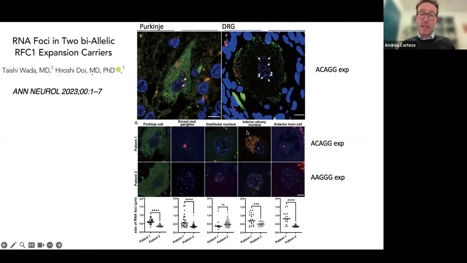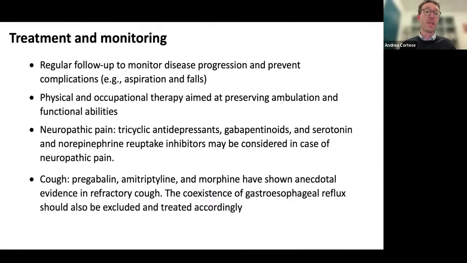They also tested the more common configuration, but it was less convincing. Potentially repeat RNA and repeat protein, and other people are working on this, may also be contributing, but we don't have a final answer of what is the underlying mechanism, and that is where our development of targeted treatment is still stuck at the moment, okay.